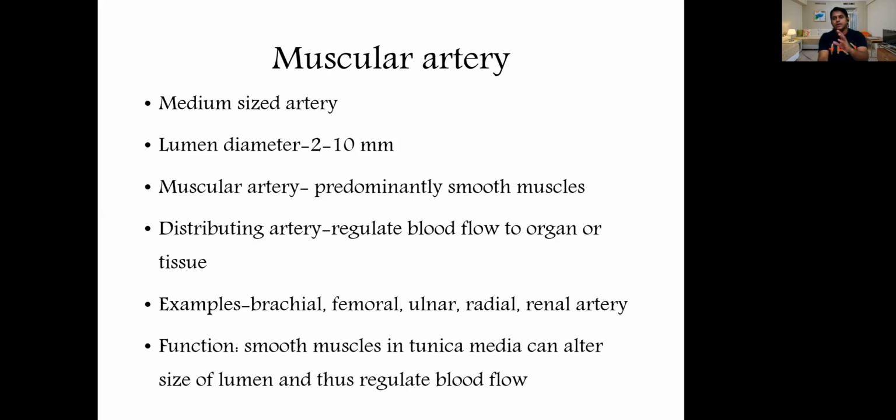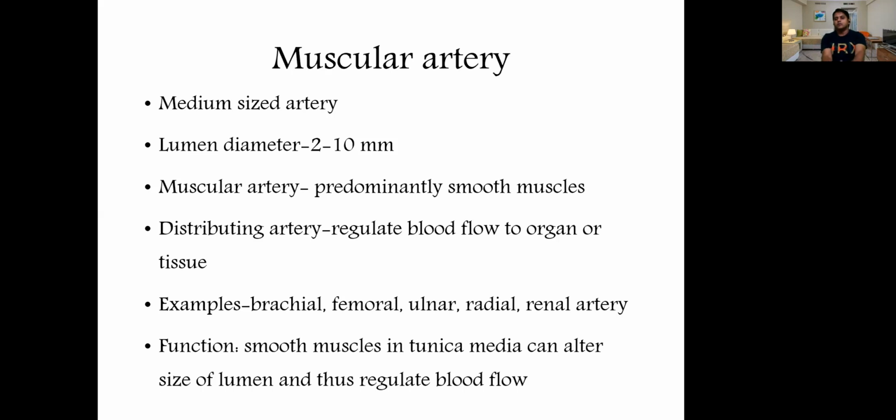As the tunica media of the muscular artery has smooth muscles, the contraction of the smooth muscles may alter the size of the lumen, and thus they help in the regulation of blood. That's why they are also called distributing arteries. They distribute the blood towards the organ.